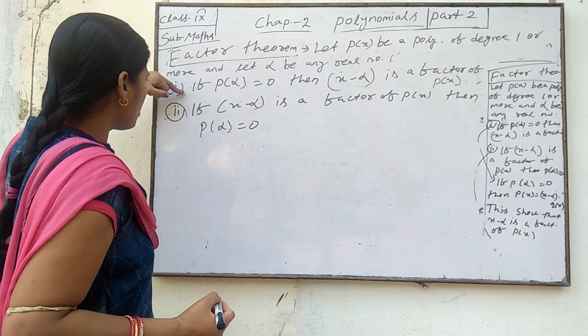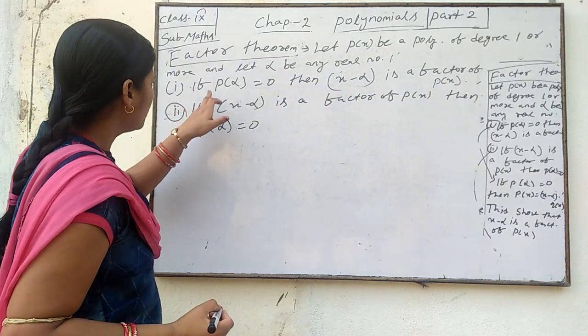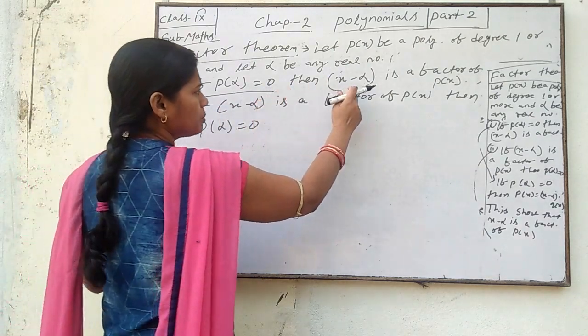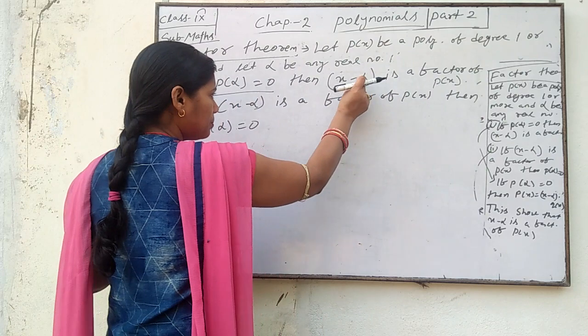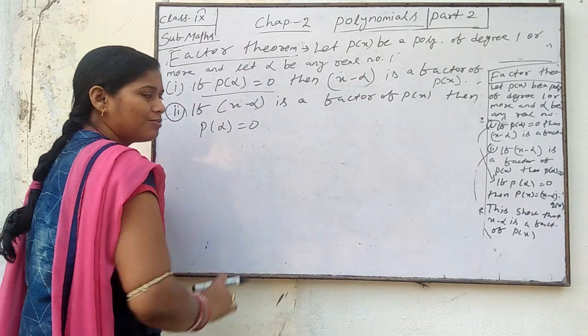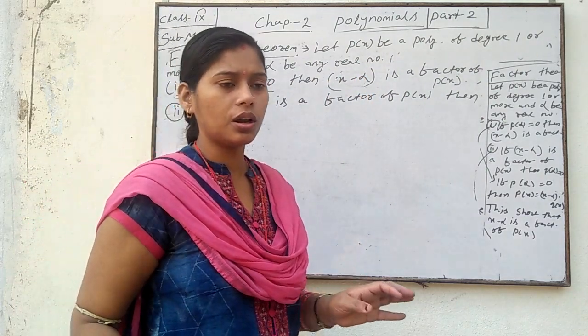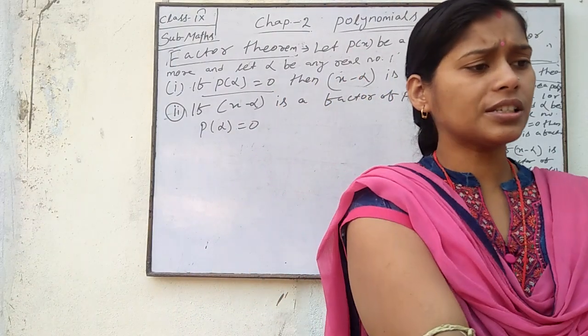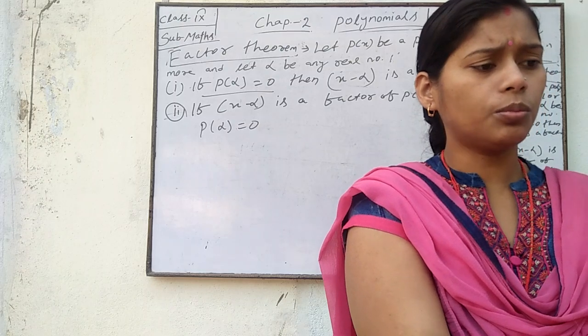Look here: if p of alpha is equal to 0, then x minus alpha is a factor. If this is a factor, then p of alpha is 0. So this is your factor theorem. Now we'll discuss both points one by one.